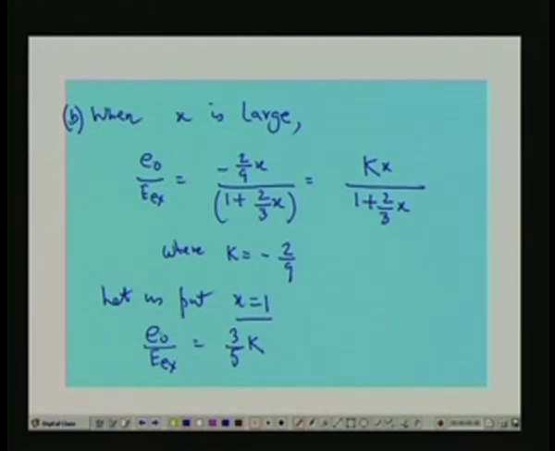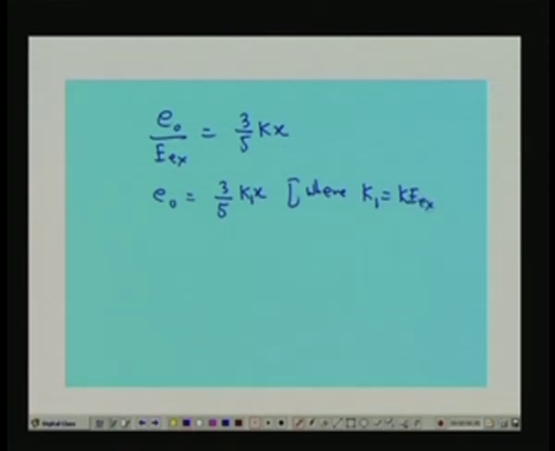If I plot E naught by E x on the y axis and x on the x axis, this will have a locus which will look like, if I take a new page, E naught by E x equal to 3 by 5 k x, which I can write again as E naught equal to 3 by 5 k1 into x, where k1 is equal to k E x and it is a constant.